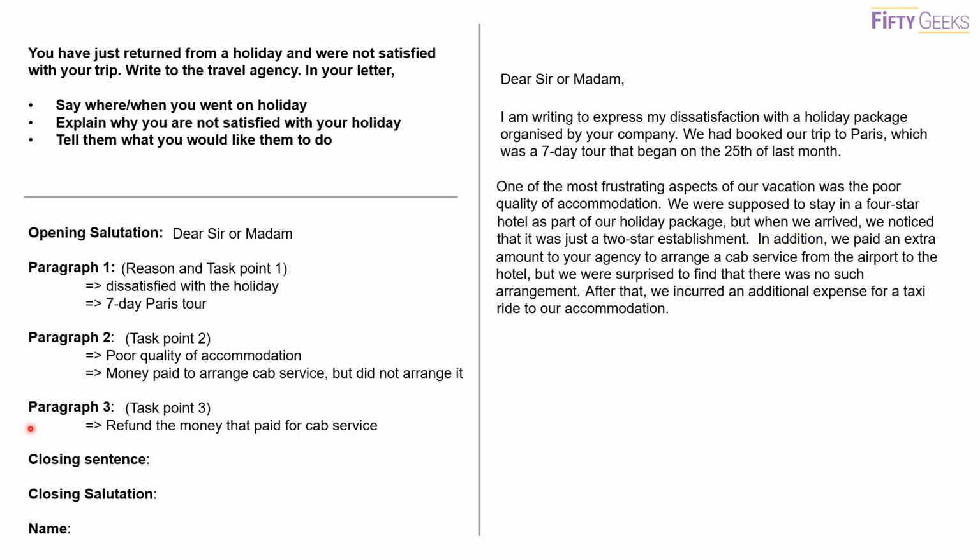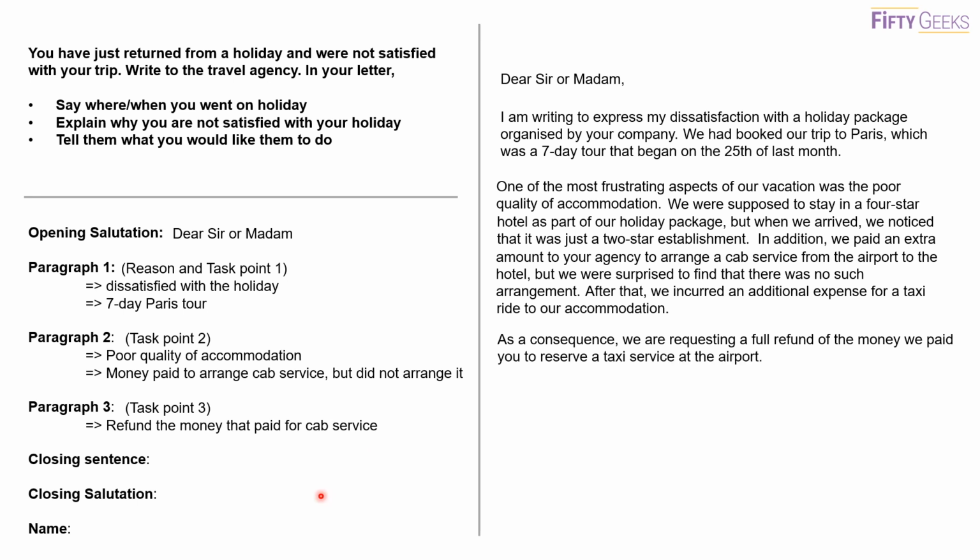Now we will write the third body paragraph where we have to explain what we would like the travel agency to do. I will again use the idea from the draft, which is to ask for a refund of the money we paid to arrange a cab service. I will write it as: as a consequence, we are requesting a full refund of the money we paid you to reserve a taxi service at the airport.